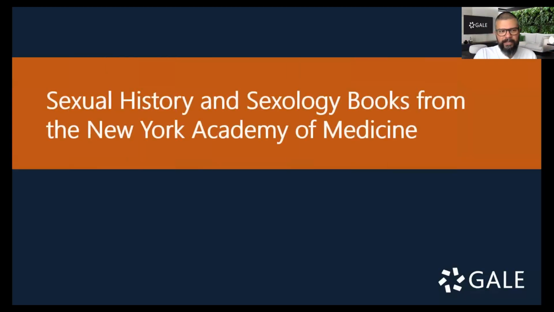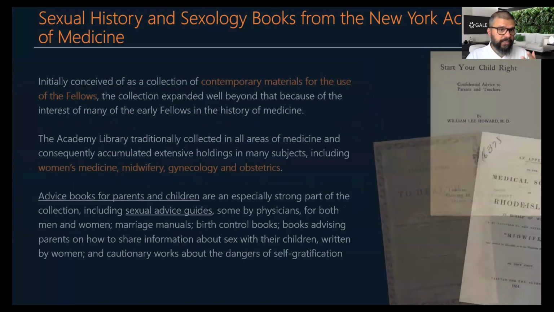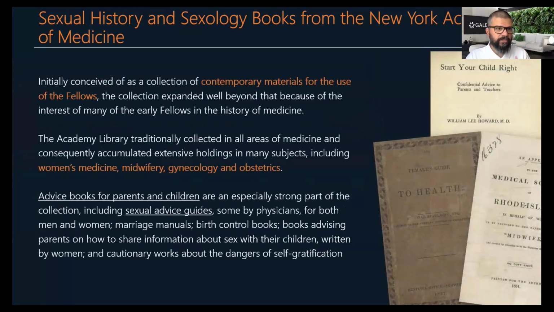We're moving along to the New York Academy of Medicine. Just a little bit about this. There's about 1,500 books over here covering multiple different topic areas around sex and sexuality in human history. And this particular collection of the New York Academy of Medicine, there's some really great collections that have come out of the New York Academy of Medicine.